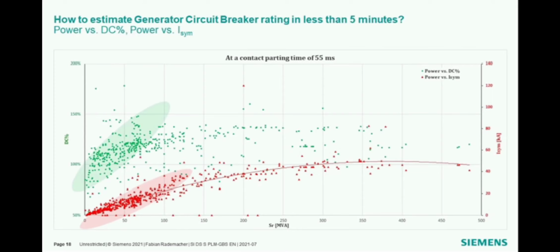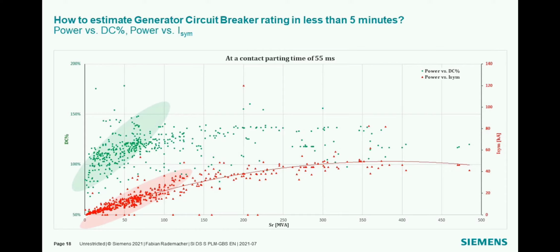And then it saturates and does not increase anymore. So it's set at the percentage of 130%. As I've said, all our generator circuit breakers are type tested with 130% of DC percentage.